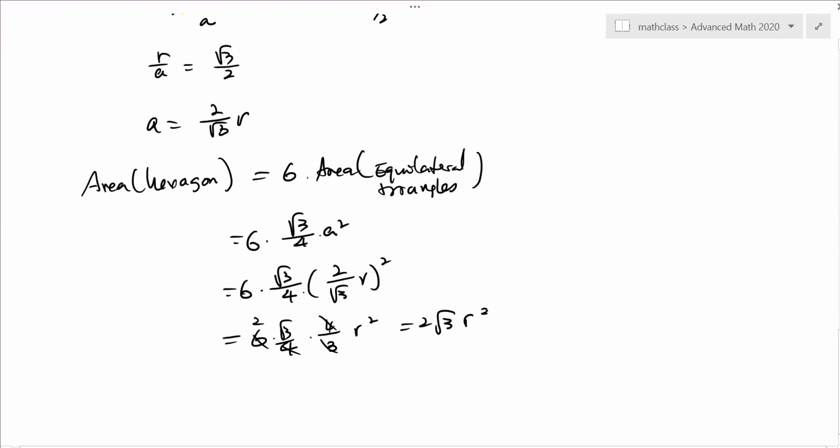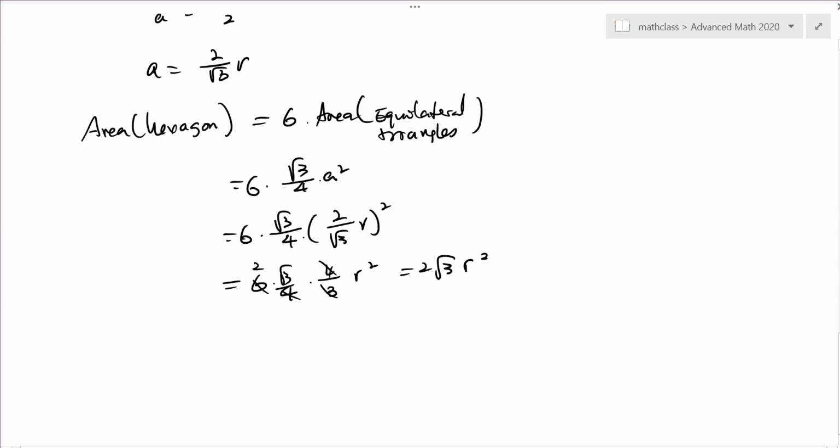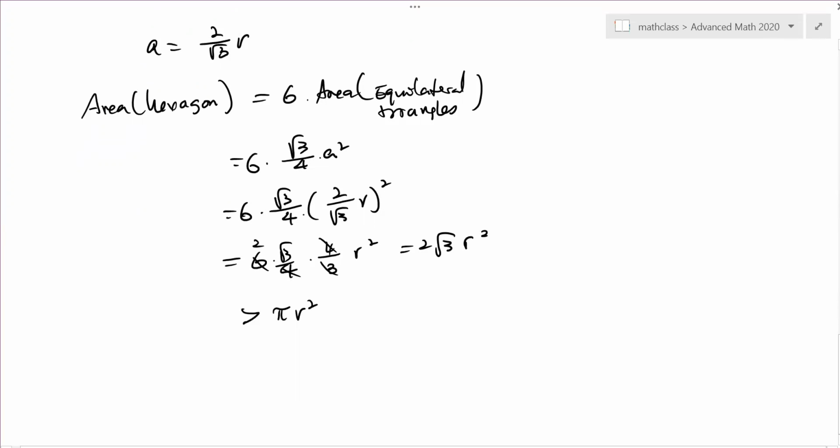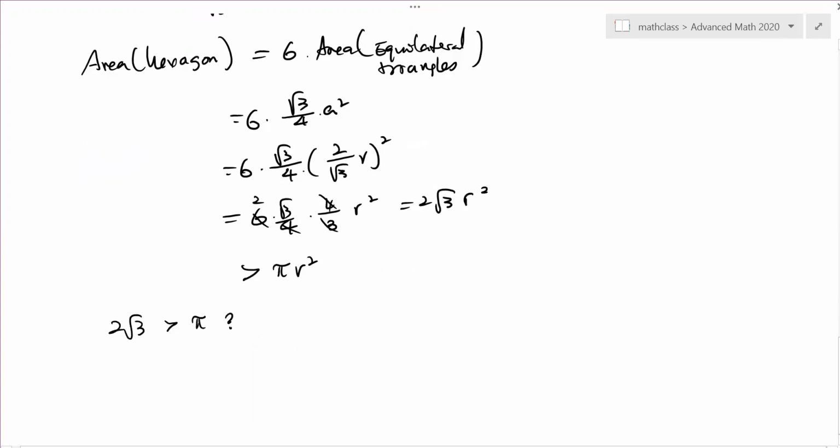So you find the relationship between those two. And I'm pretty sure this is larger than the area of the circle inscribed in this hexagon. So it means 2 square root 3 is larger than pi. You can check that, otherwise there's a computation mistake.